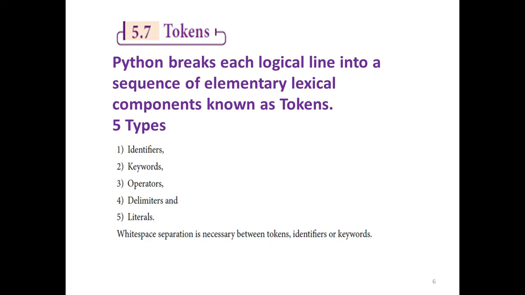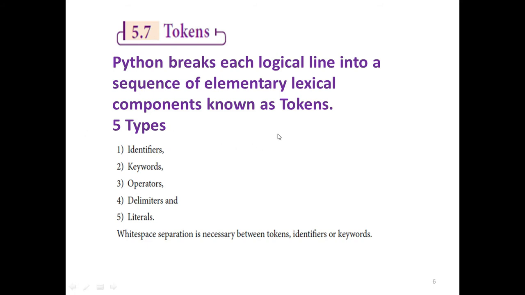Then token. Last year in the C++ program you learned the token. Here 5 tokens are given. In Python, break each logical line into a sequence of elementary lexical components known as tokens. Very simple.